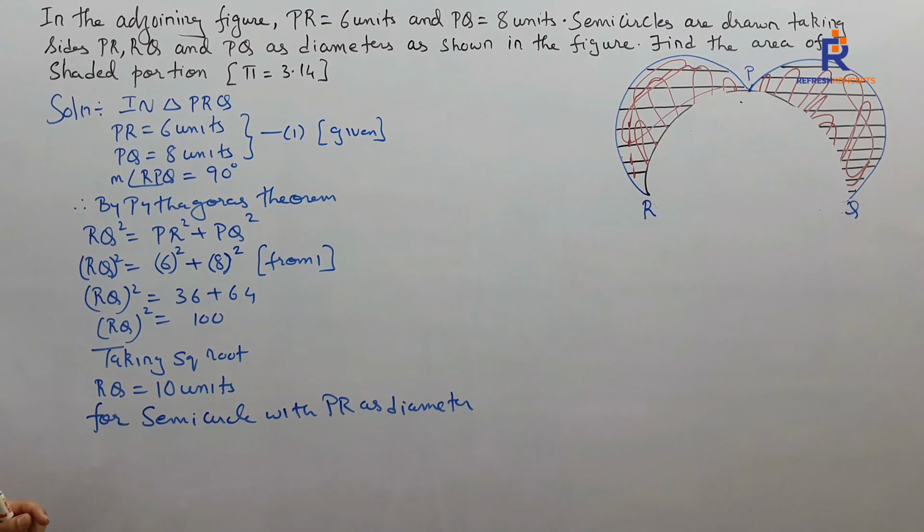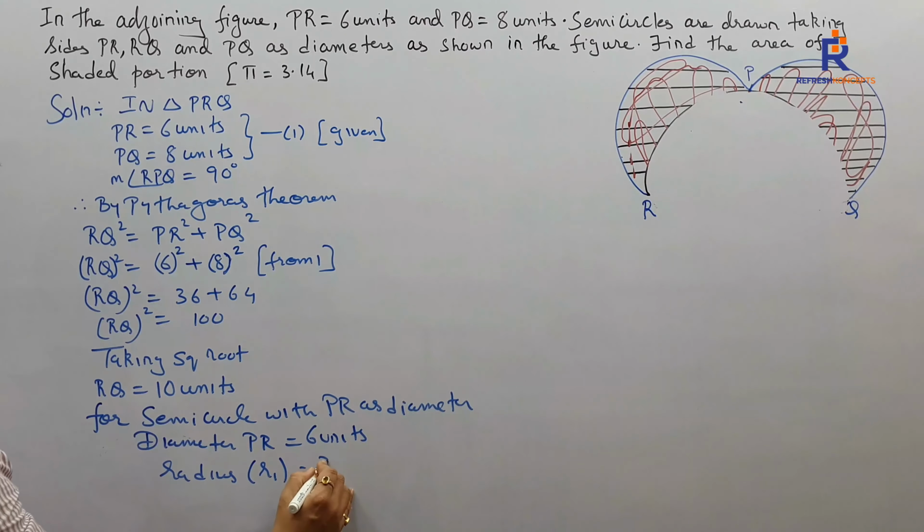When PR is the diameter, how much is PR, children? 6. So diameter PR is 6 units. Its radius, I'm saying it as R1, is 3 units. Radius is half of the diameter.